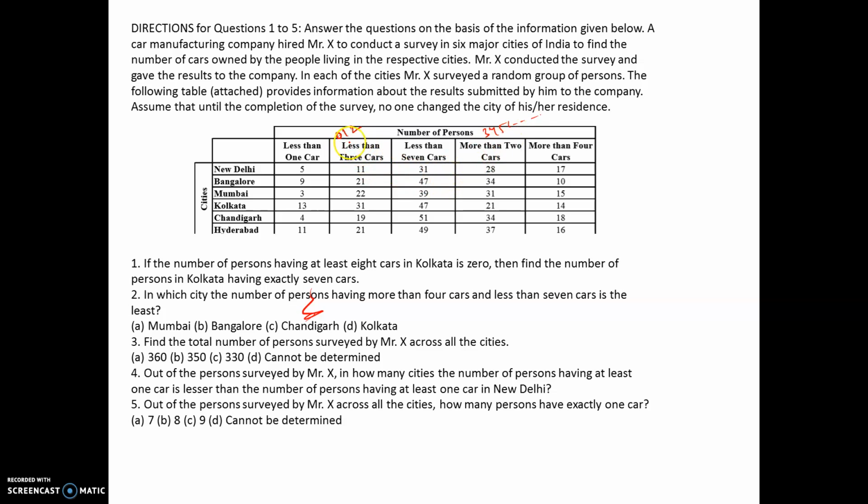If I just add this data, I'll be able to find out the total number of persons surveyed in Delhi, because 11 says they have less than 3 cars, so they have either 0 or 1 or 2, and 28 says they have more than 2 cars, so they have either 3 or 4 or 5 or 6 or 7 and so on. So I just need to add this data out here as well as this data table. If I add these 2 columns, I'll definitely get the answer for question number 3.